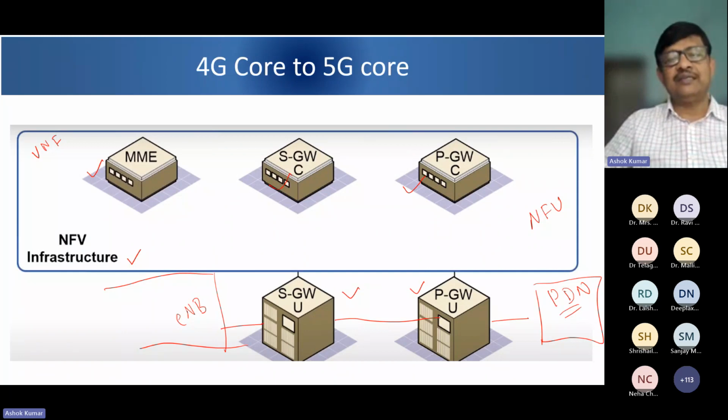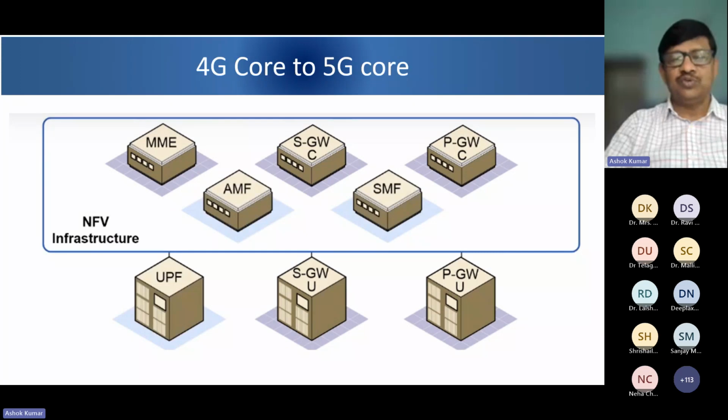That's what operators have tried and done across the globe: they have evolved their 4G core to release 14, implemented CUPS architecture, and then they are migrating to 5G. Suppose you want to migrate to 5G, or you also want to have a standalone 5G network together.